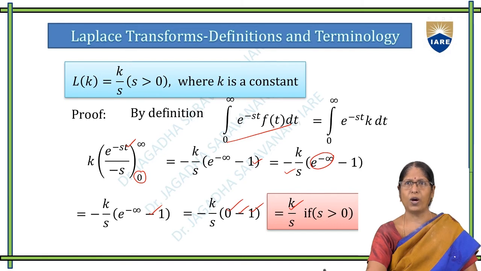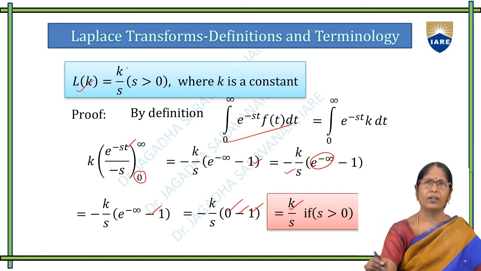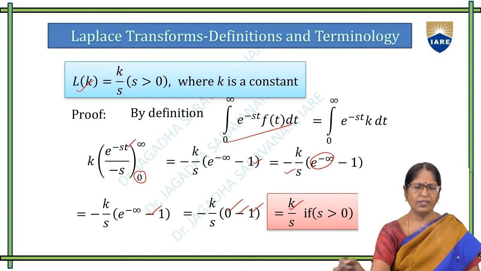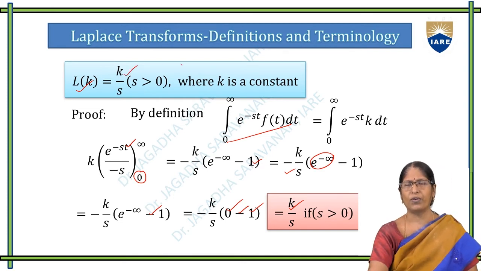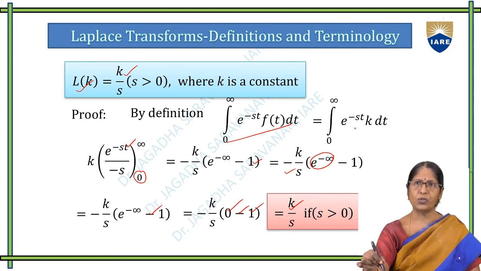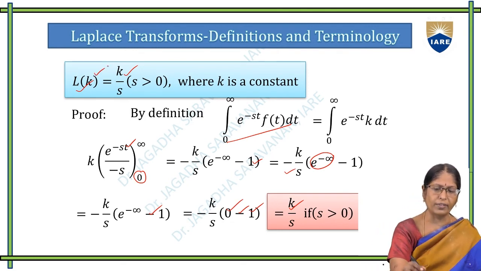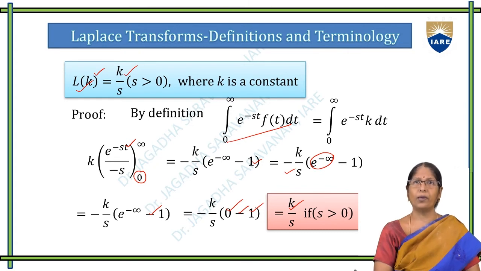But for some standard one, that is now L of k, suppose in the problem it comes, we can write it, since L of k equal to k by s, it is treated as a result of elementary functions. So each and everything here, substituting in the formula, the main formula defined for our Laplace transform, some standard results we extracted. One result is L of k equal to k by s.